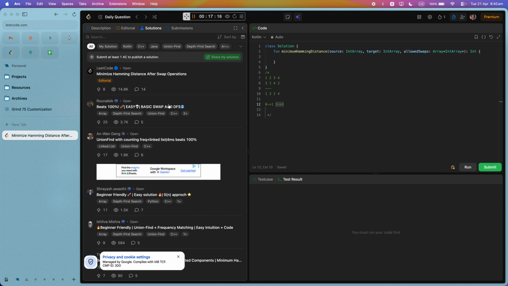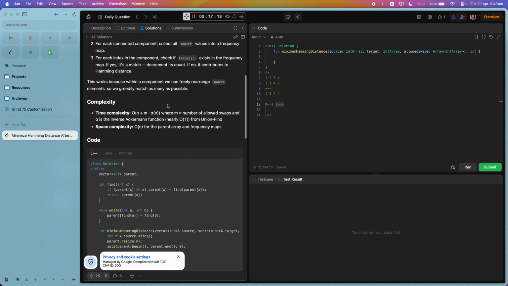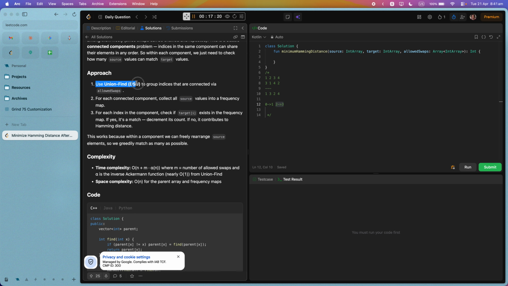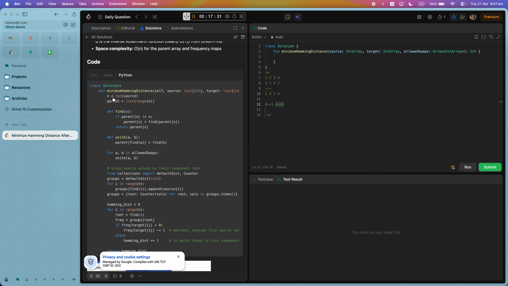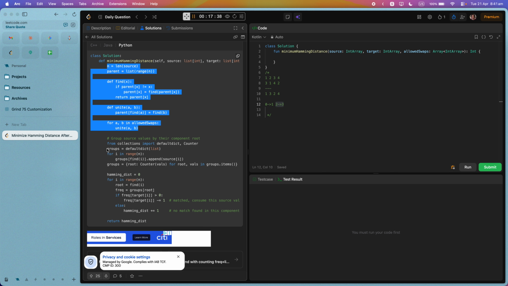Okay, let's see this one. Okay, my intuition was at least right. Union find to group indices and for each connected component. Let's see in Python. So we have this is union find, this is find. So groups, and for i in range, find i, append source i.